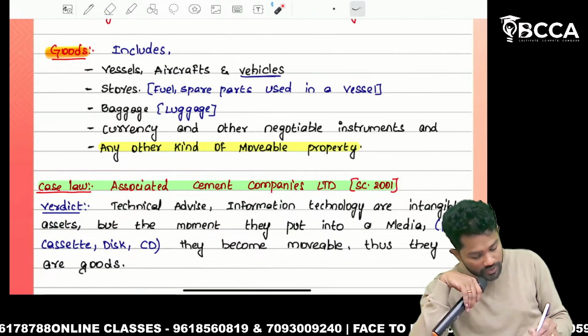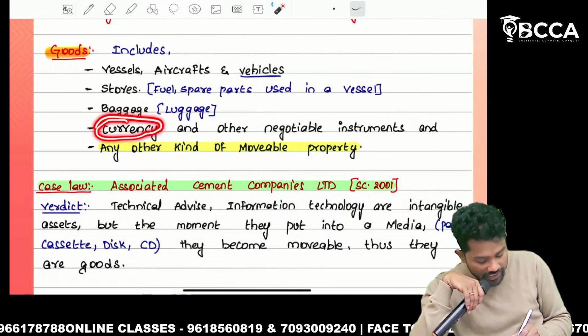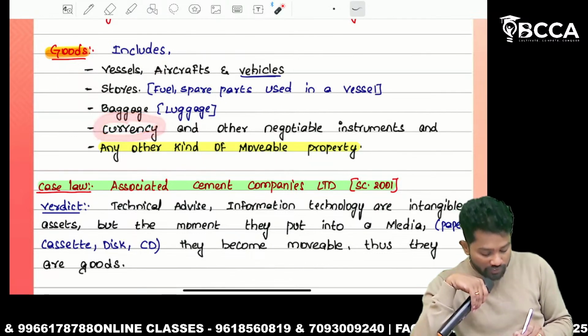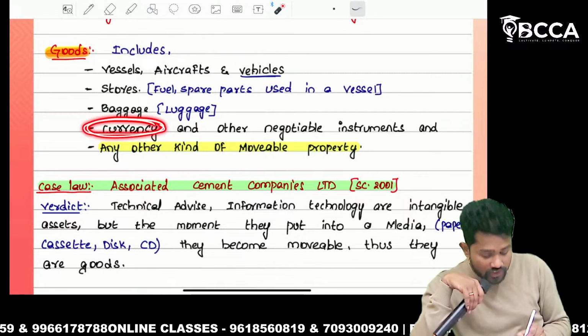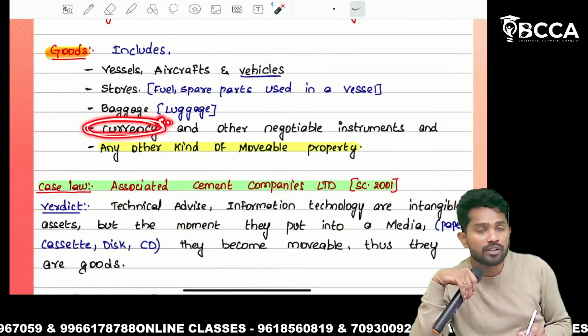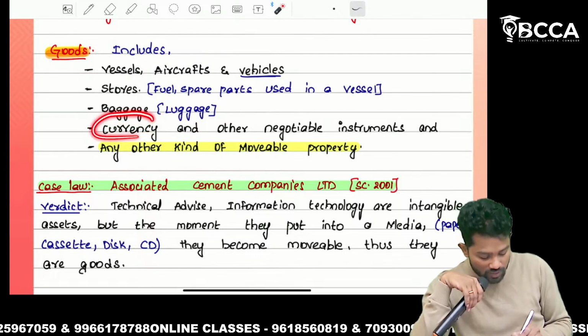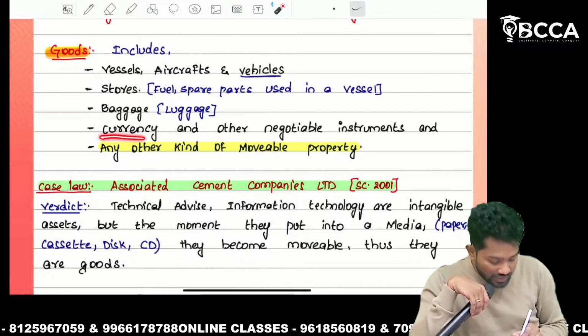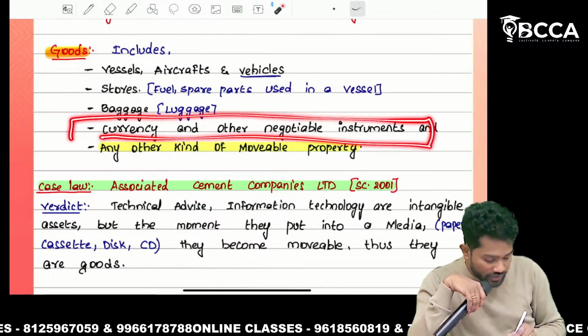Sir, here you might have a question. Why is currency also included in the definition of goods? If currency is included in the definition of goods, will GST be levied on currency value? No. Sorry, will customs duty be levied on currency value? No. But then why is currency included in the definition of customs?